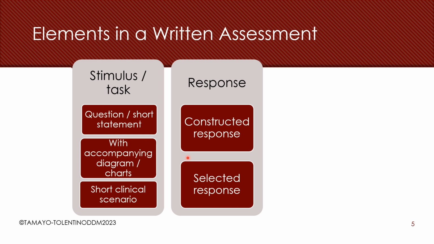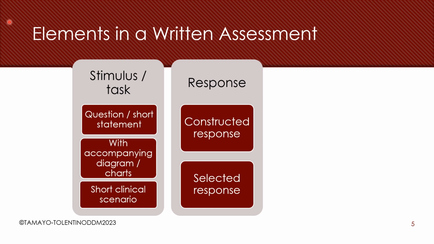Examples would be essay and identification. Selected response or recognition questions require the examinee to make a selection from a range of options provided. Examples would be multiple choice questions, true or false, and extended matching questions.